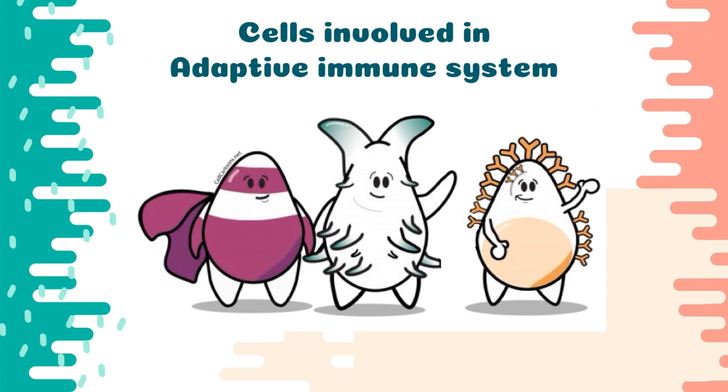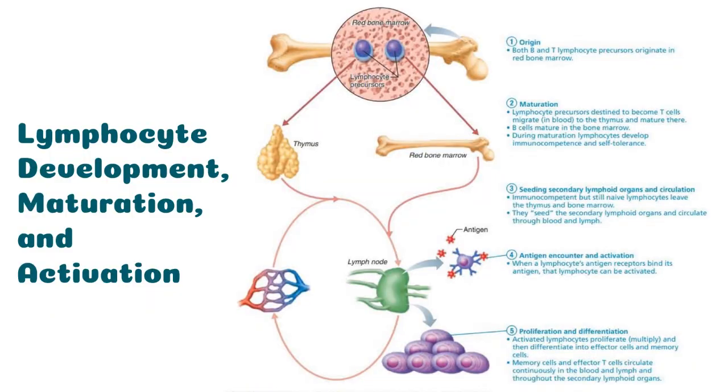So the three main cells that are involved in the adaptive immune system are the T cells, the APCs, and the B cells.